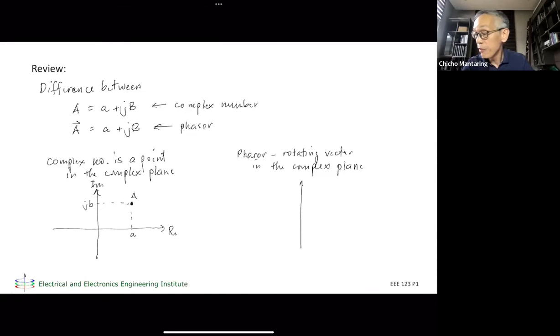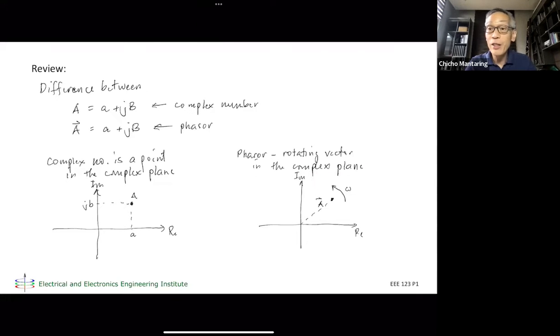So ang phasor, okay, let's say this is A, that is A, ito umiikot at an angular velocity of omega. No? So might think of it that way, no? Umiikot yan at an angular velocity of omega in the counterclockwise direction.